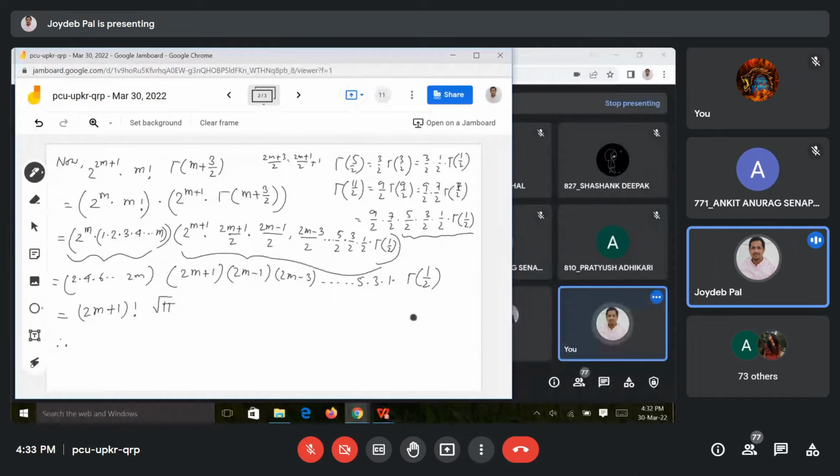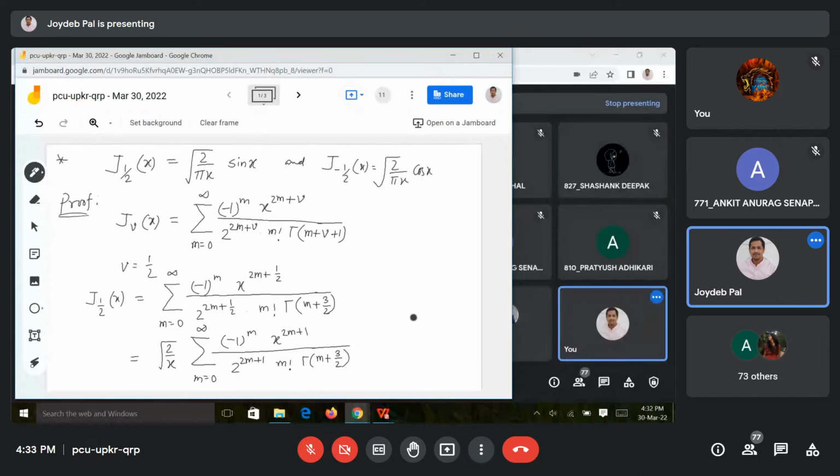Therefore, j half, what is it? The denominator part you substitute: 2m plus 1 factorial into root pi, right?